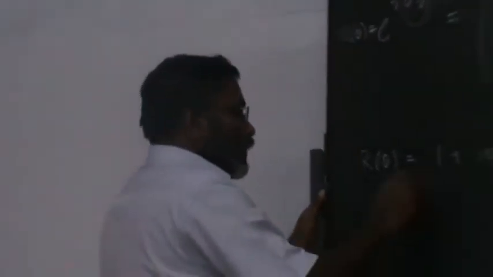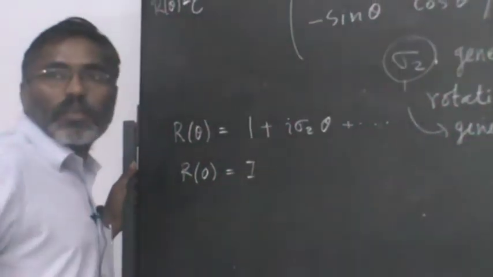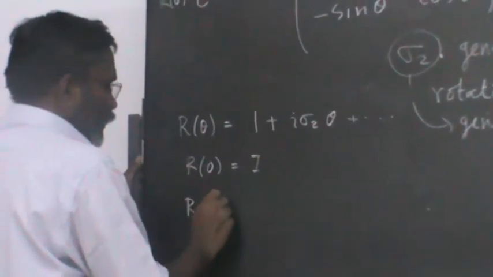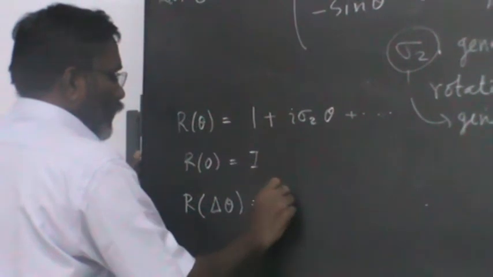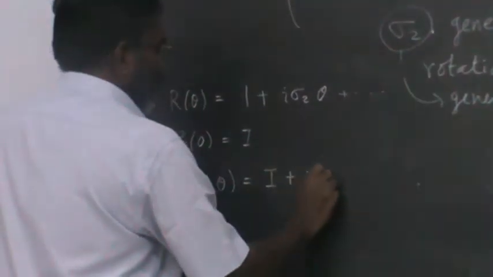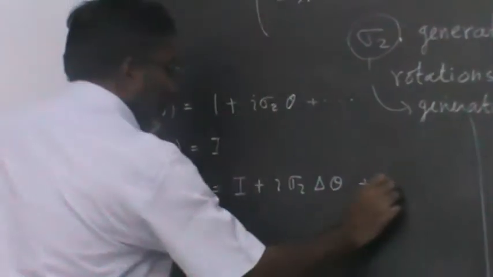Now you can ask the question, what is r of 0? That is identity. Correct? So r of delta theta is equal to identity plus i sigma 2 times delta theta. The other things can be forgotten.